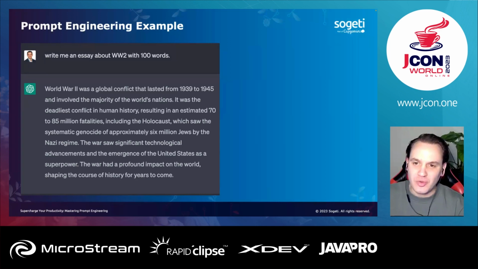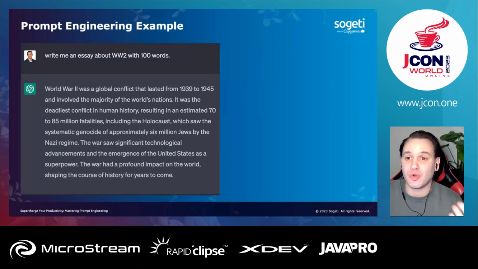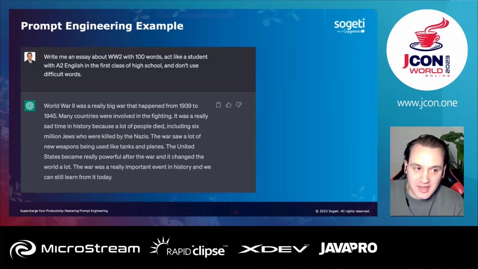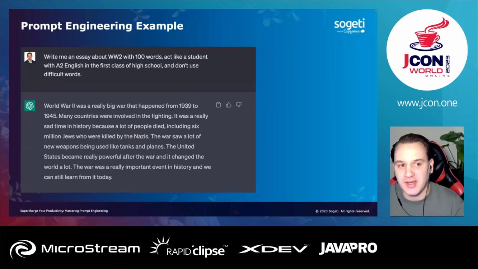So let's refine this prompt a little bit and add some more context to it to make sure that I actually can share this with my teacher. I did that here. I did the same: write me an essay about World War II with 100 words. But now I'm also asking it to act like a student with A2 English in the first class of high school and not use any difficult words.